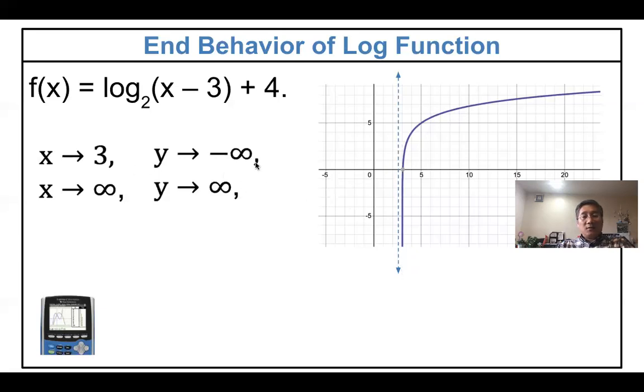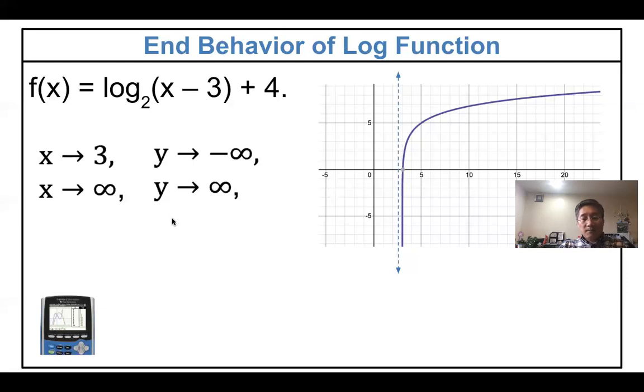So we write down the end behavior like this. When x goes to the 3, y goes to the negative infinity. So when x increases to the infinity, y keeps going up, positive infinity. That's the end behavior. So we know how to draw the graph, and this way we explain and describe end behaviors.